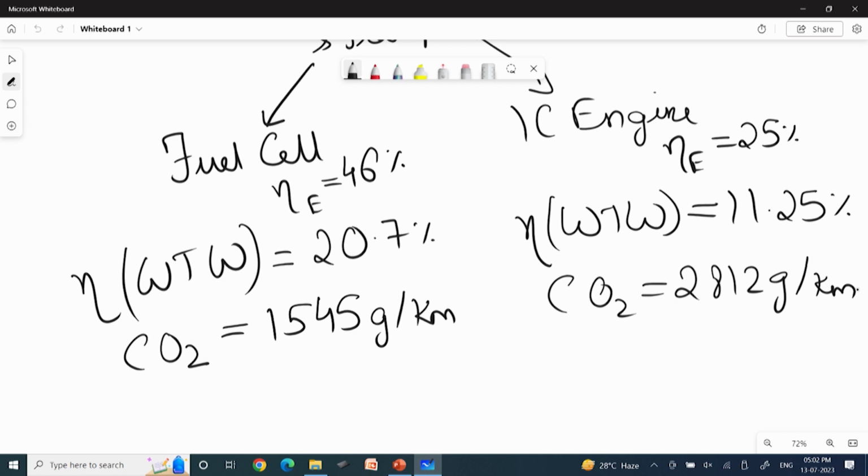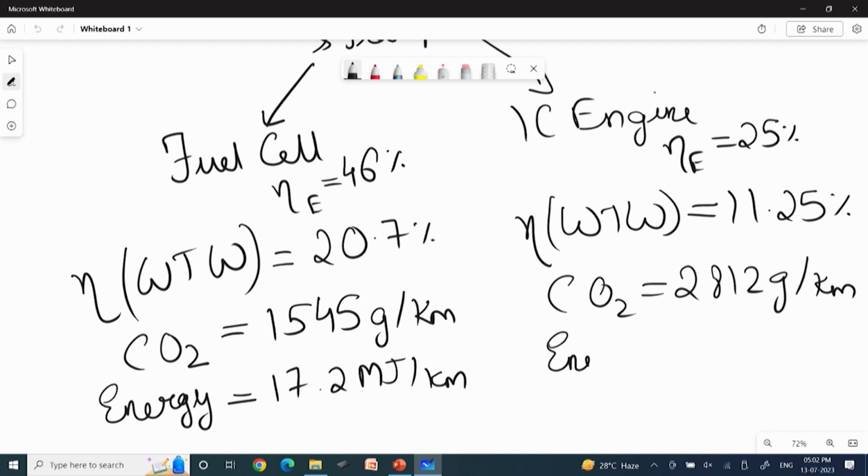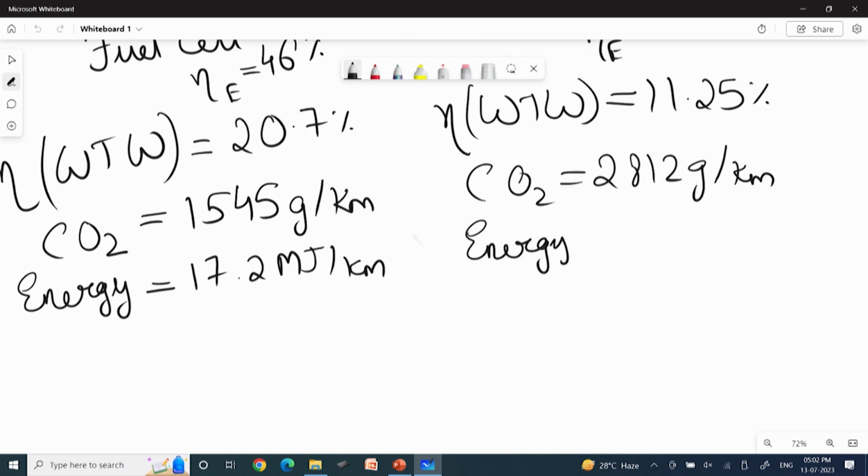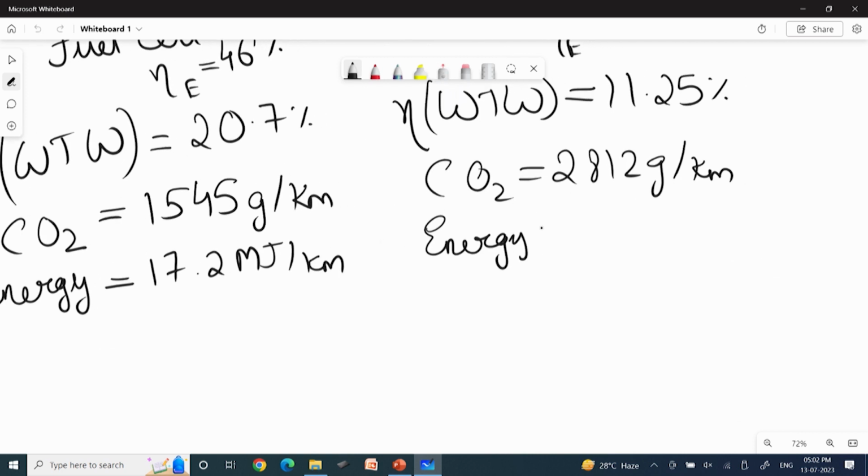be much significant. If I go with the energy requirement or the total energy that is consumed, this would be around 17.2 megajoules per kilometer, and in the case of IC engines, the energy that would be consumed would be much more, at around 31.3 megajoules per kilometer.